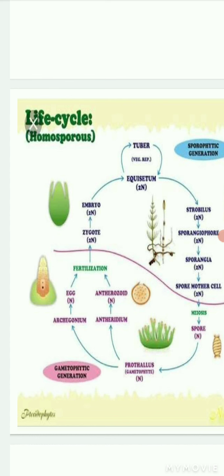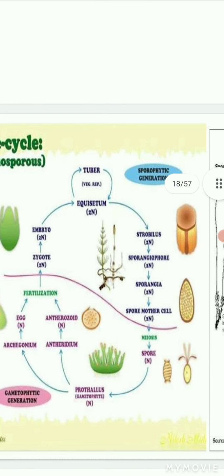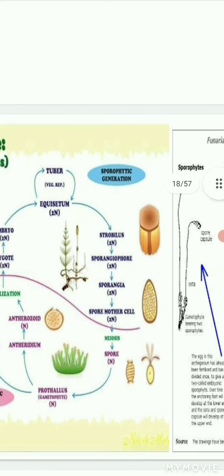After the zygotic condition, the zygote develops into an embryo, which also has the 2n number. After that there is development of a new plant, which is Equisetum. This Equisetum also develops tubers, which is a vegetative type of reproduction, and this is the sporophytic generation.